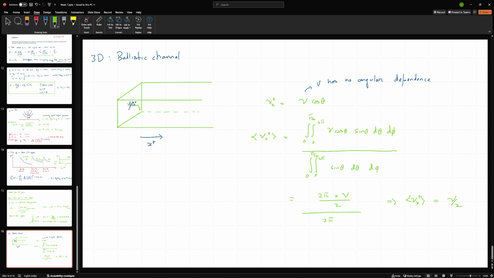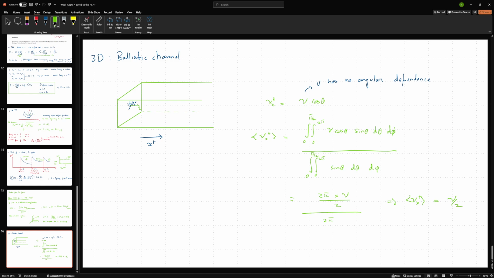Which is conventionally what we expect. If a particle can randomly move in every direction, on average, if I'm asking what is the average velocity it can have along a particular direction, it is going to be half of the total velocity. And this is true for any axis I choose. If I choose any direction and ask what is the average velocity along this, it's going to be half of that.